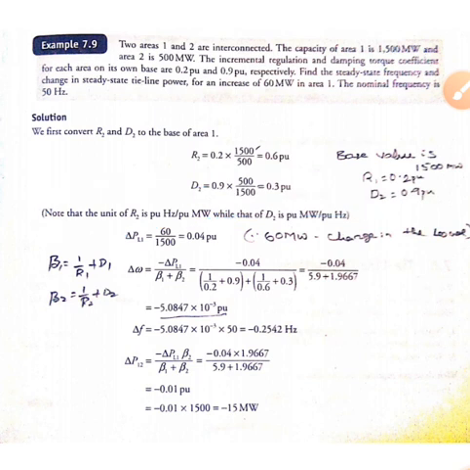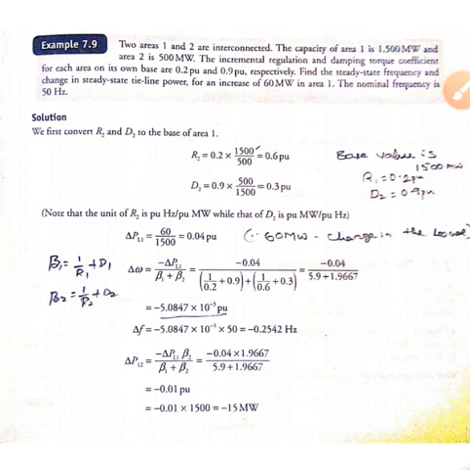After that, you can calculate delta PL1, which is equal to 60 divided by 1500. The 60 megawatt is an increase in area 1, that is, a load change in area 1 in increasing order. We take 60, and again 1500 is the base value.